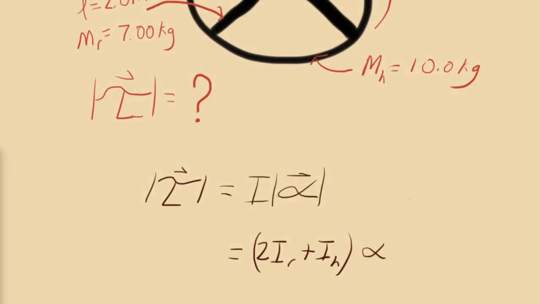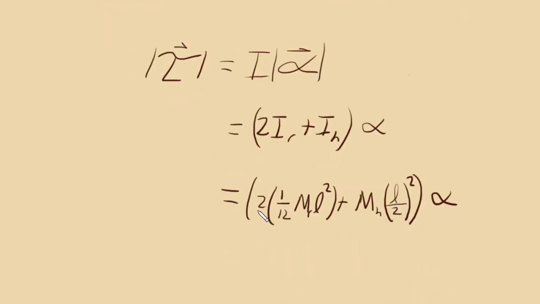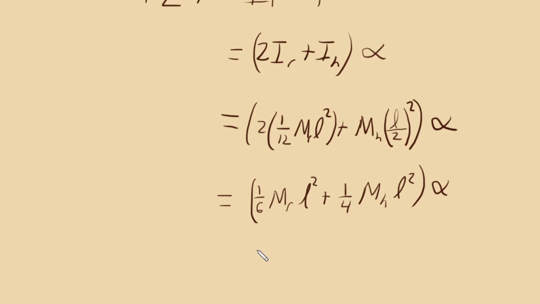So when we plug in the values for those, we get 2 times 1/12 mass of the rod, length squared, plus mass of the hoop times, and I wrote it as the length divided by 2 to get the radius, and then just squared it. Simplifying somewhat, I just distributed the 2 and pulled out our fraction.